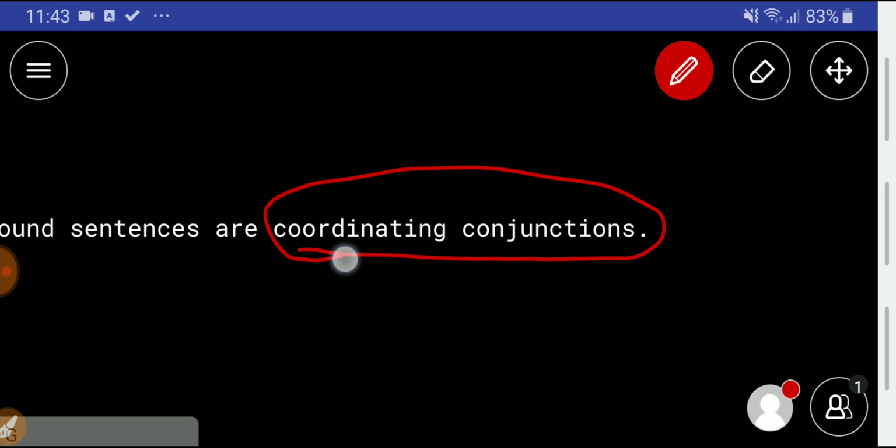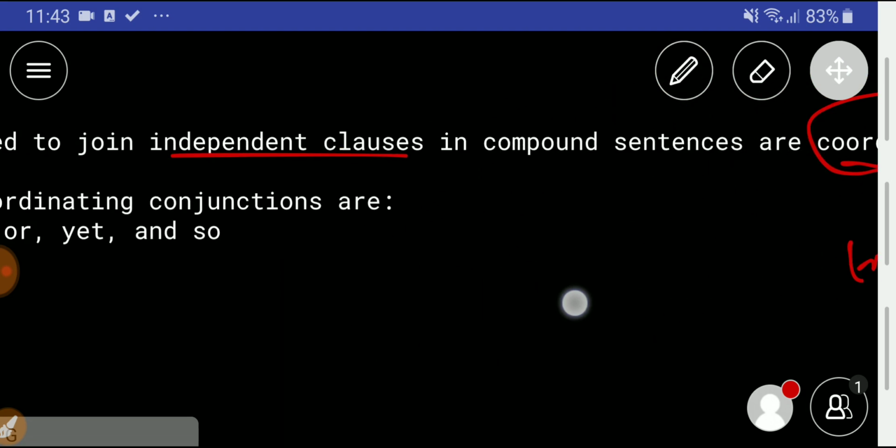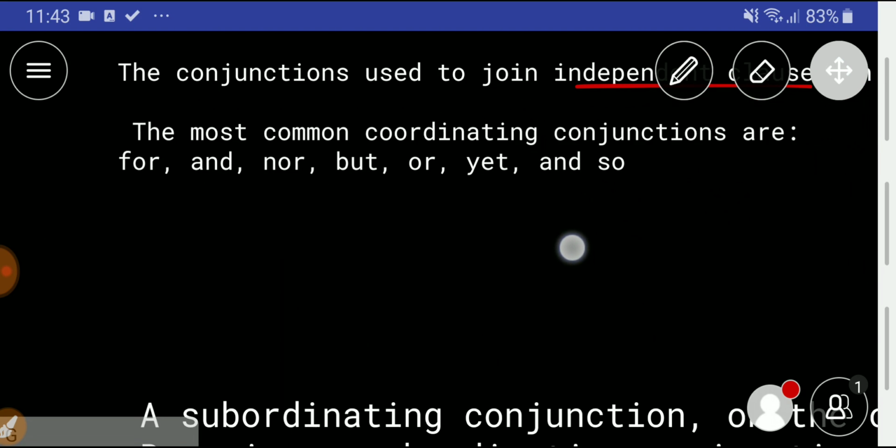That is, a coordinating conjunction connects two independent clauses.